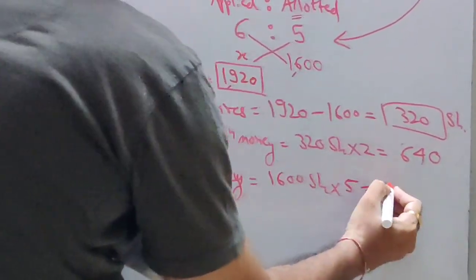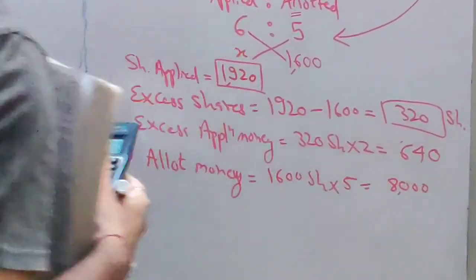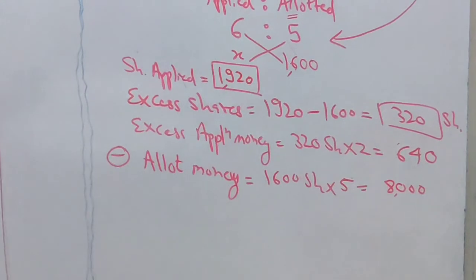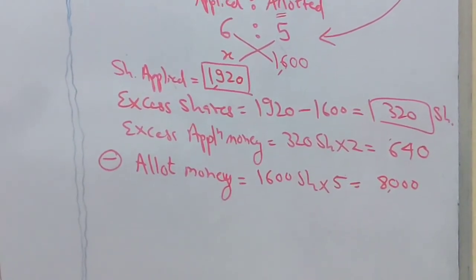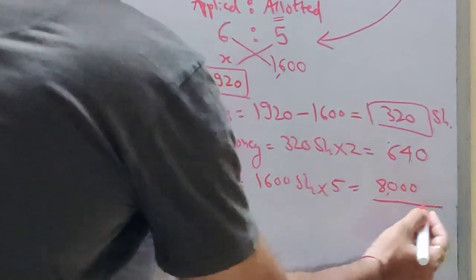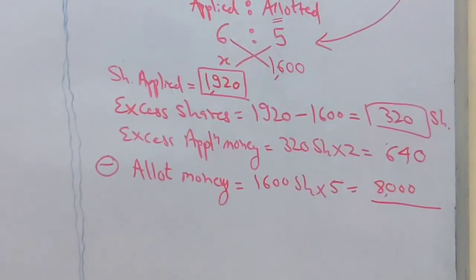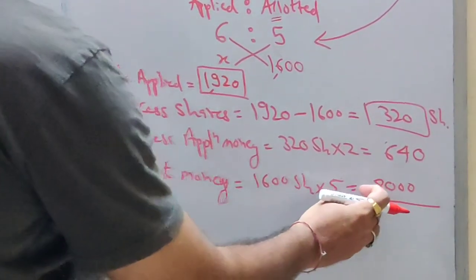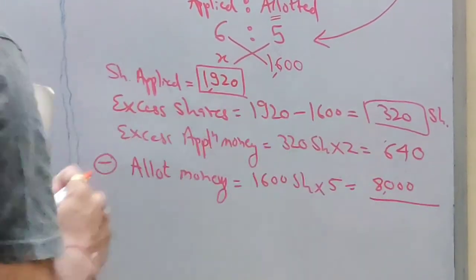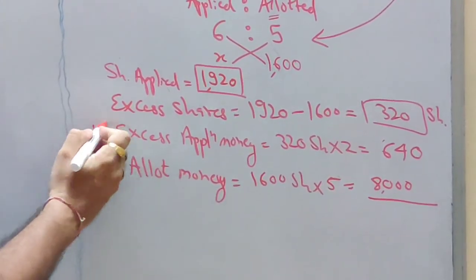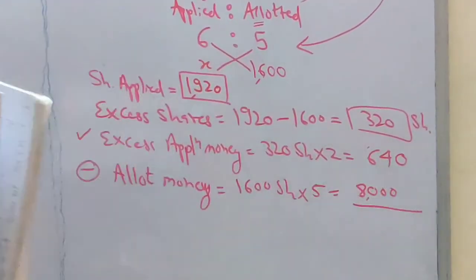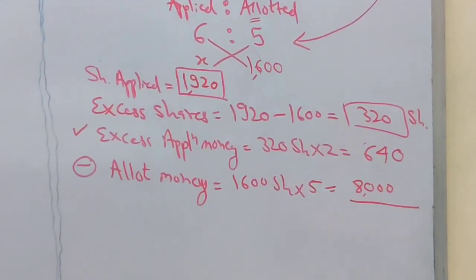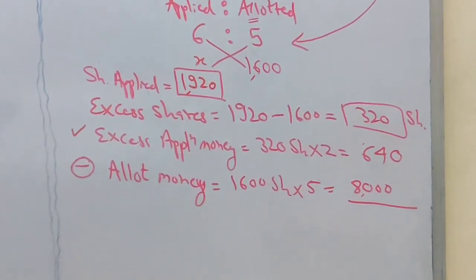He was supposed to pay 8000 rupees. Let me check again: 1600 shares were allotted and 5 is the allotment money, so in total 8000 rupees he was supposed to pay. But Ramesh will say, why should I pay 8000? My excess money is with you. How much is the excess money?